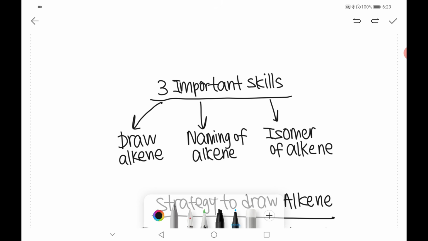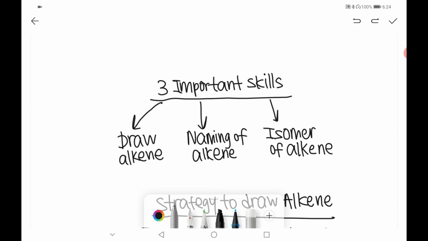This concept we learned before in alkane. If you are still very blur, it's highly advisable for you to revise your alkane first.